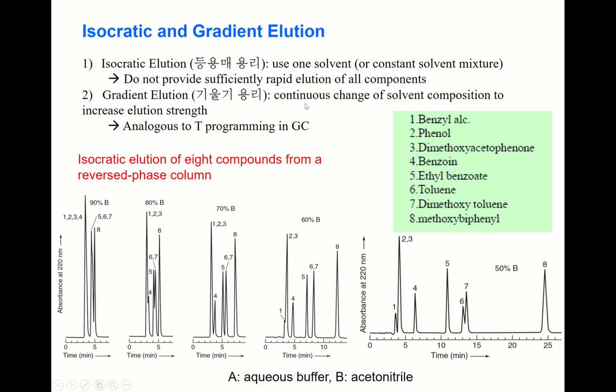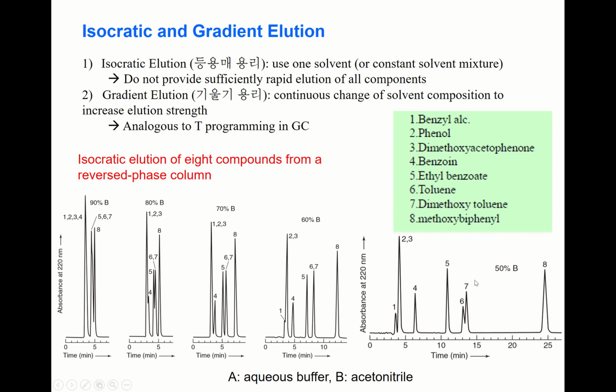Okay, all right, and now consider these chromatograms. The purpose is to separate these eight compounds by HPLC, but depending on isocratic or gradient elution, the separation is really different.